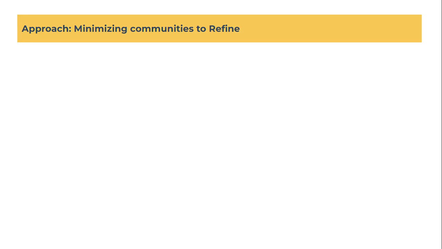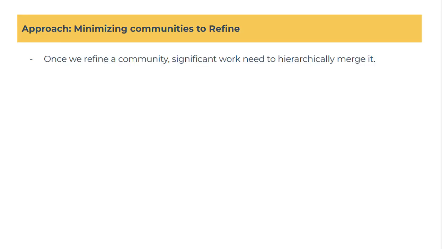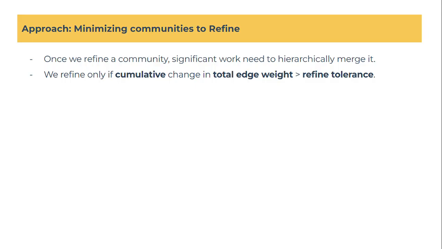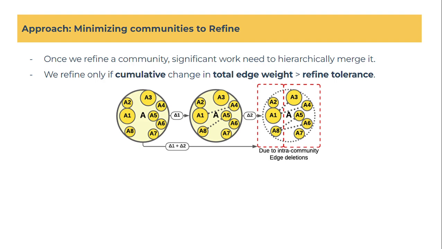The other step is minimizing communities to refine. The problem with refinement is it is expensive, and a refined community needs to be hierarchically merged. Therefore, what we do is we aggregate the edge updates until the total edge weight of the updates is greater than the refinement tolerance.